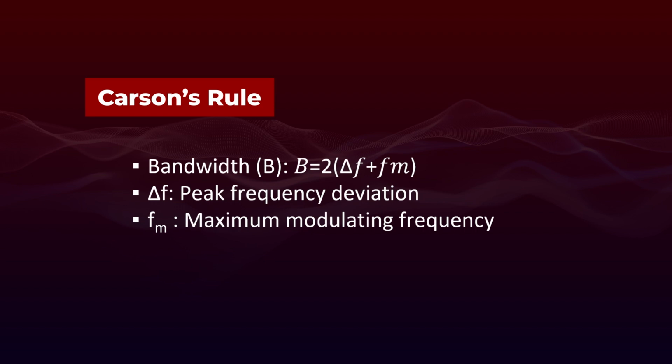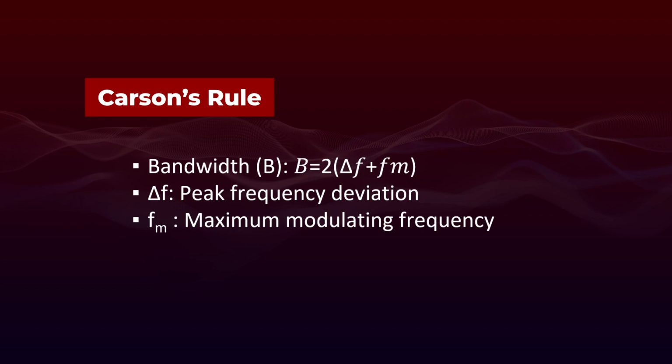According to Carson's rule, the total bandwidth B of an FM signal is given by B is equal to 2 times del F plus fm, where del F is the peak frequency deviation and fm is the maximum modulation frequency.